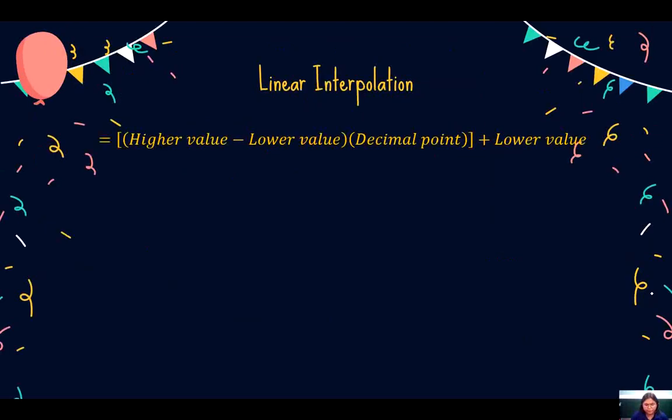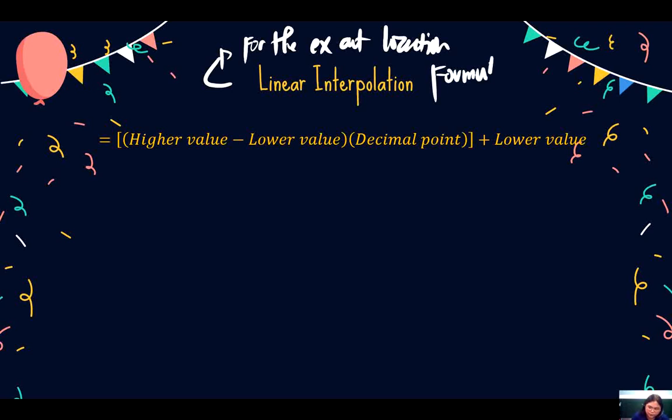Okay? A linear interpolation. When are we going to use linear interpolation? If we are asked for the exact location. Okay, again, we are going to use the linear interpolation formula if we are asked for the exact location. Si Mendenhall and Sinsich method, ginagamit lang natin siya for the estimate position.